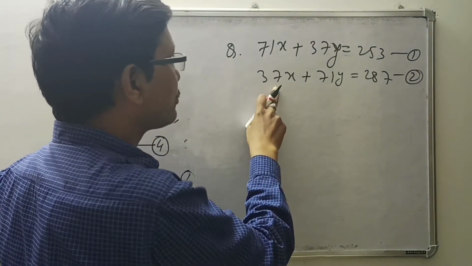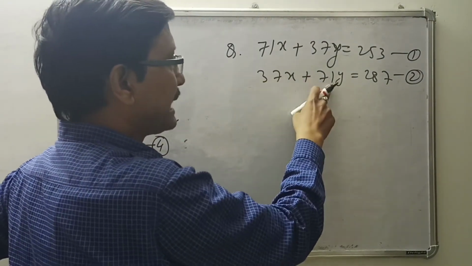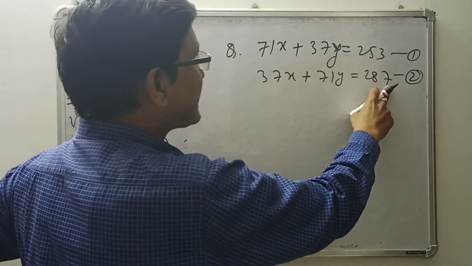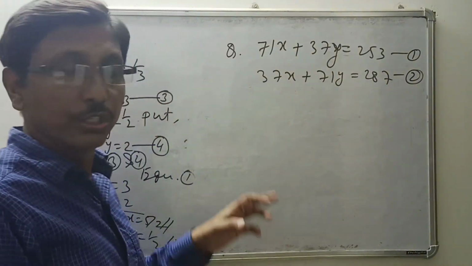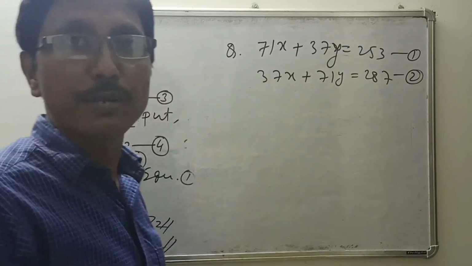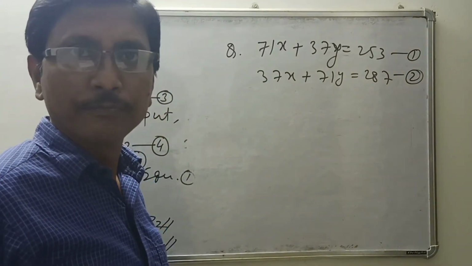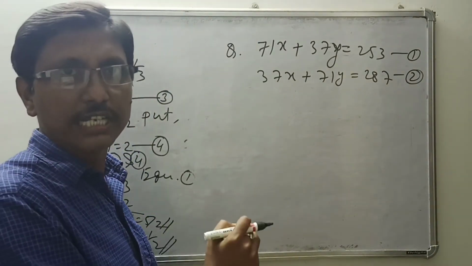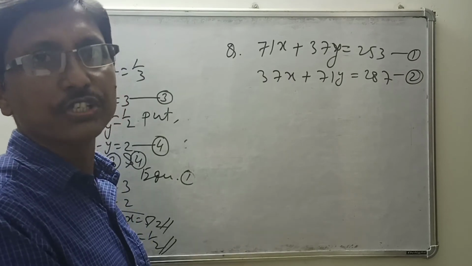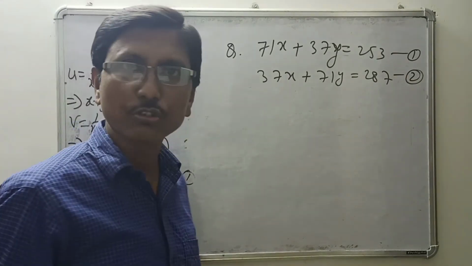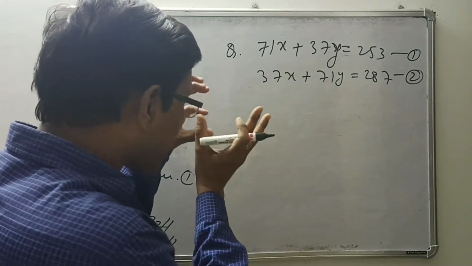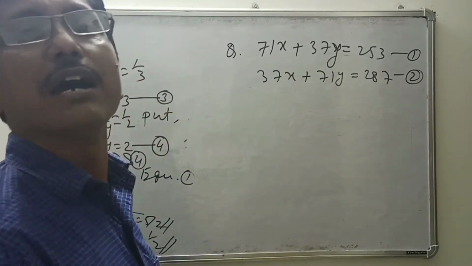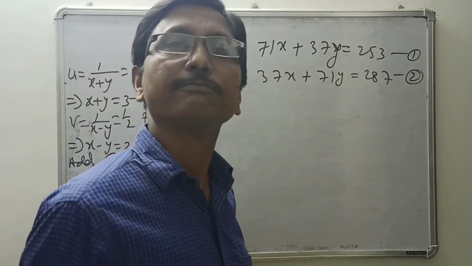Again this one by 71, and again that by 71. So six huge multiplications you have to do. That is a very long, time-taking calculation, and there is a possibility of mistakes. So for this type of question, we have an alternate method.